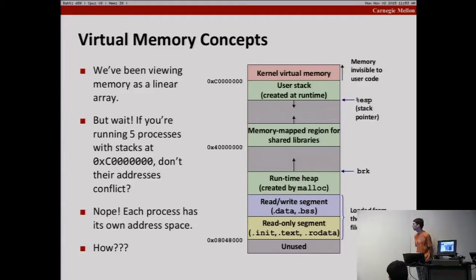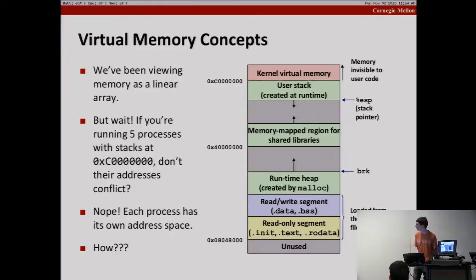And you might open them up in GDB and notice that they're reading and writing to addresses that are the same. And so the question is, well, how does that work? Because they can't possibly be reading and writing to the actual same addresses, otherwise they'd be constantly corrupting each other and everything would crash as soon as you opened a second process.